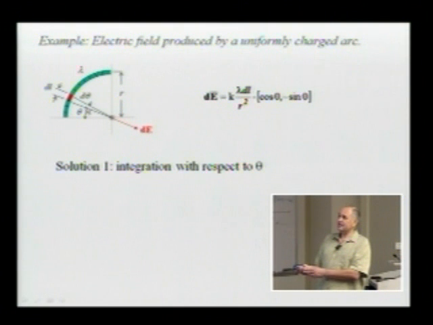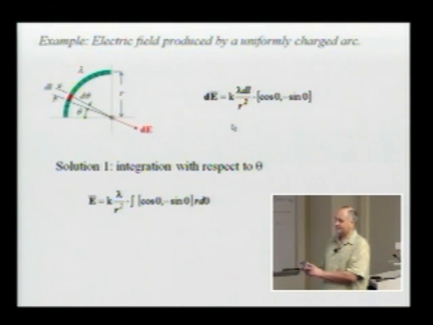I'm selecting, therefore, this angle theta, particularly because I see that it appears at two places in that formula as the variable of integration. So I will now integrate this expression with respect to angle theta.